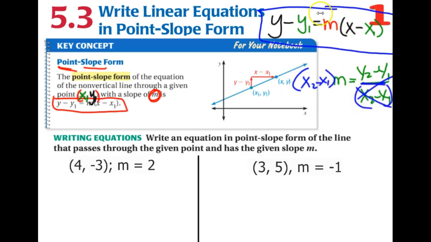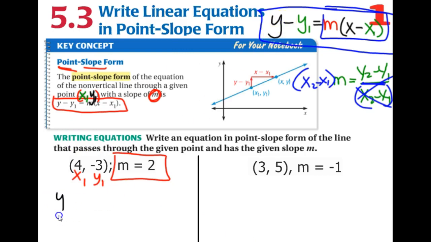Isn't that what this equation is? M times x minus x1, which is just the first x minus the second x, equal to y minus y1, or y2 minus y1. It's the same equation. All we're doing is plugging in our slope and a point, x, y, this is my one point that I have, into my equation. So let's plug it in.